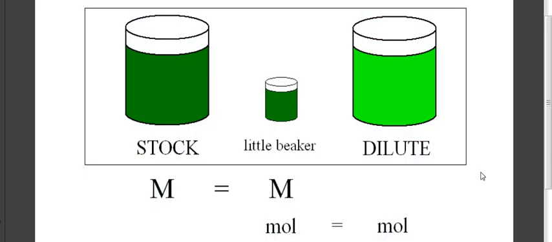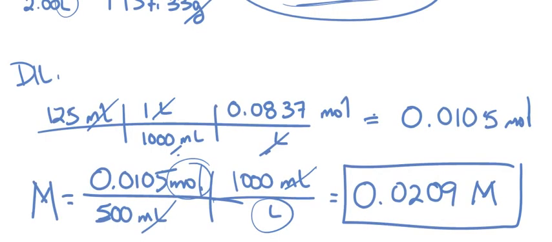So if it's a clear solution and I pour something green into that, and it's a very large volume, it's going to get even less green. Okay? So the more concentrated, it should be darker. That should be a real quick check for you, especially when you're in the lab doing something like this. Therefore, my dilute concentration should also be lower than my stock.